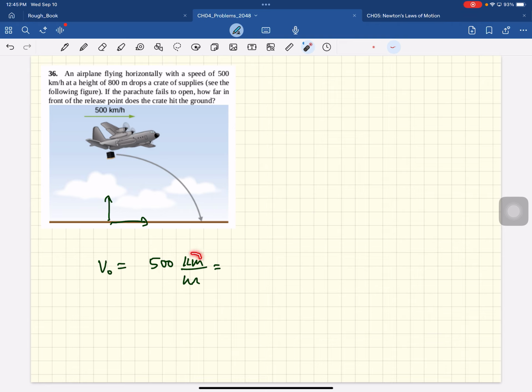A kilometer is 1,000 meters, so that's 500 times 1,000 meters. And what is 1 hour in seconds? 3,600. So 3,600 divided by 1,000 is 3.6, so all you do is divide by 3.6. So it's 500 divided by 3.6.